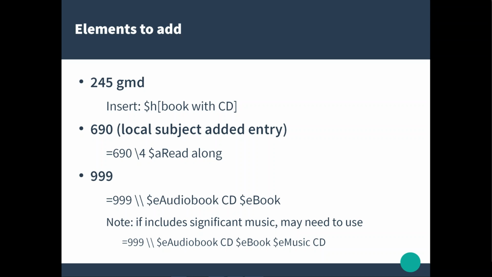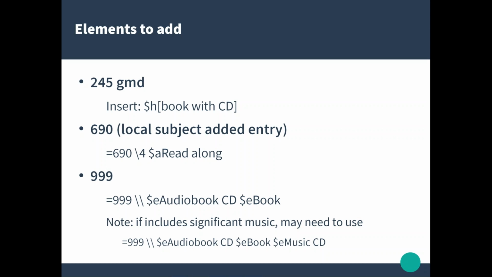So even if you're choosing an I or a J, which seems to be more of a CD with a book, just for uniformity's sake, we would like just to have the one GMD of book with CD.